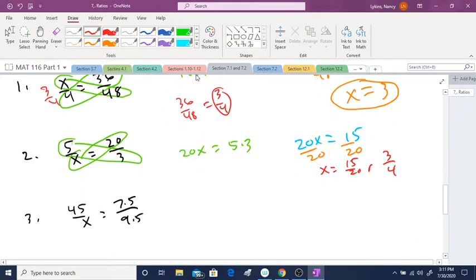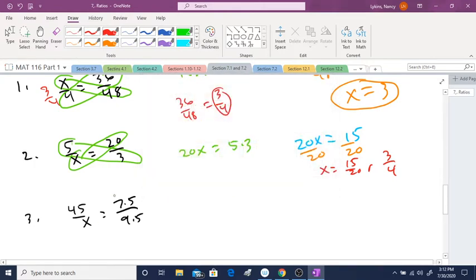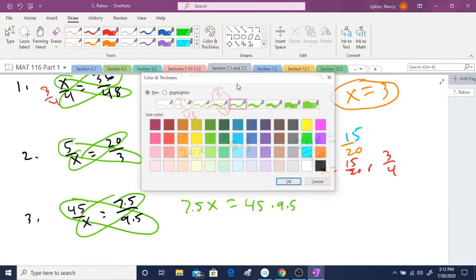Now we're using decimals. Don't let decimals scare us off. So I'm going to say 7.5 multiplied by x equals 45 times 9.5.